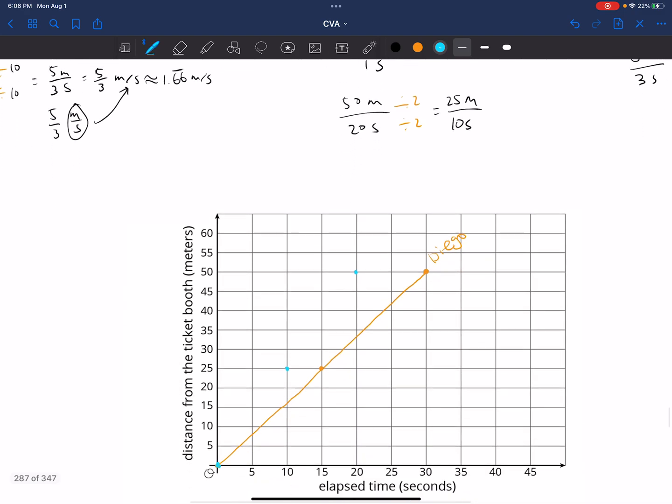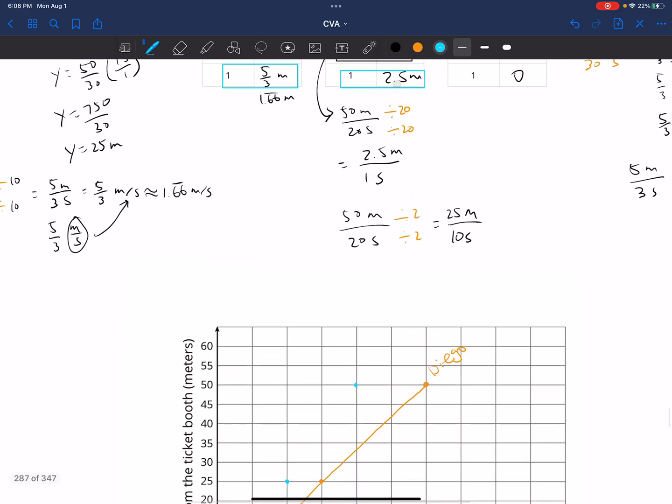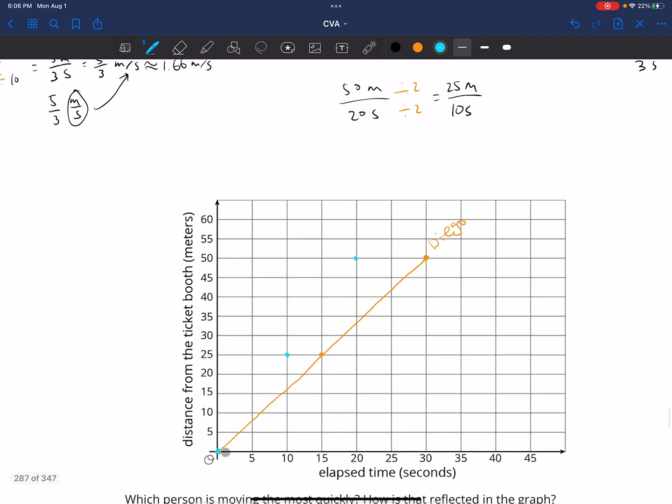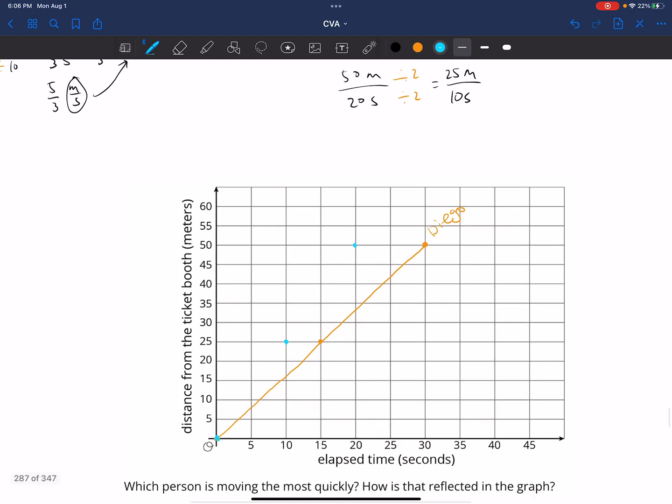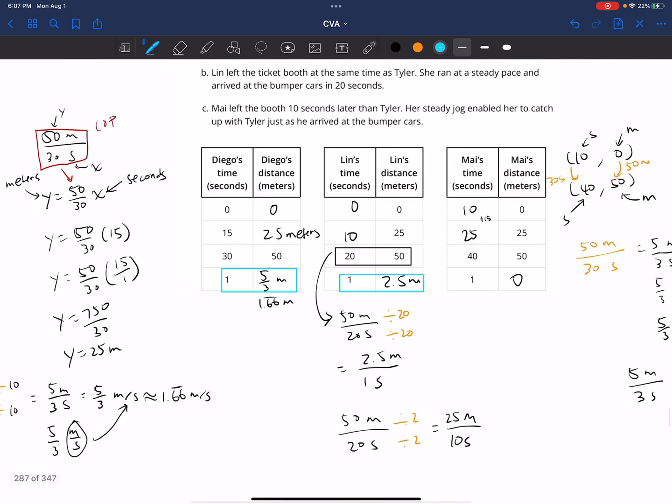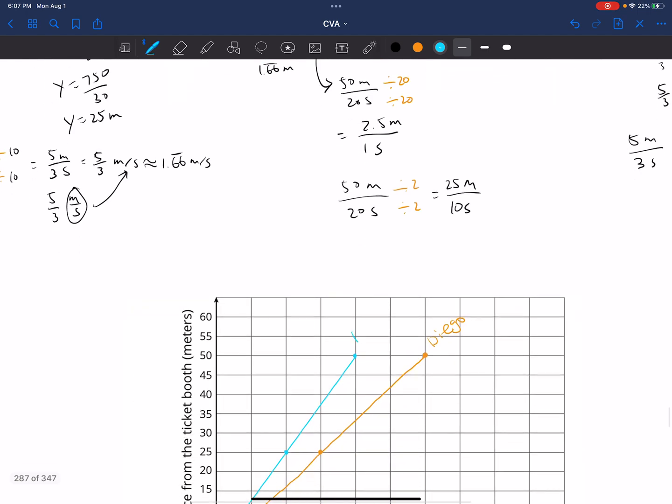We could do 1 and 2.5, but that is so inaccurate. I don't even know where 2.5 is right there. All right, let's see if I can do a straight line from here. Yeah, perfect. So that's going to be Lynn.